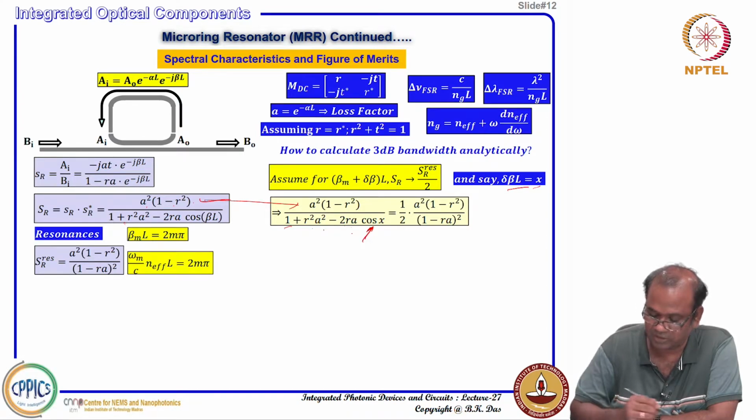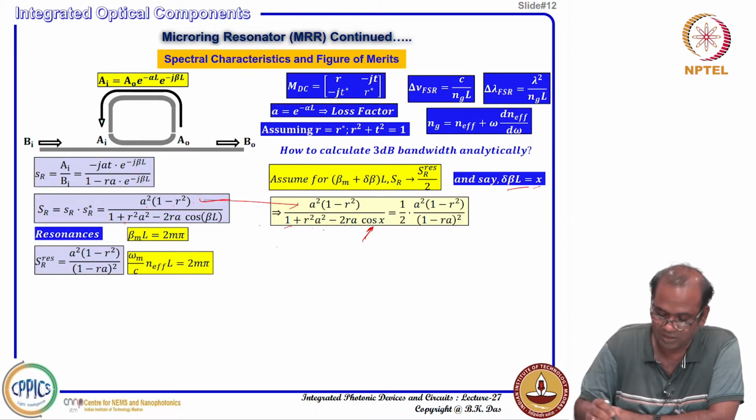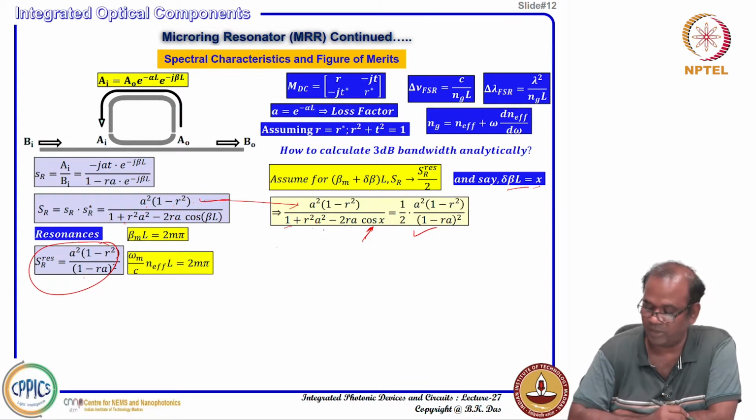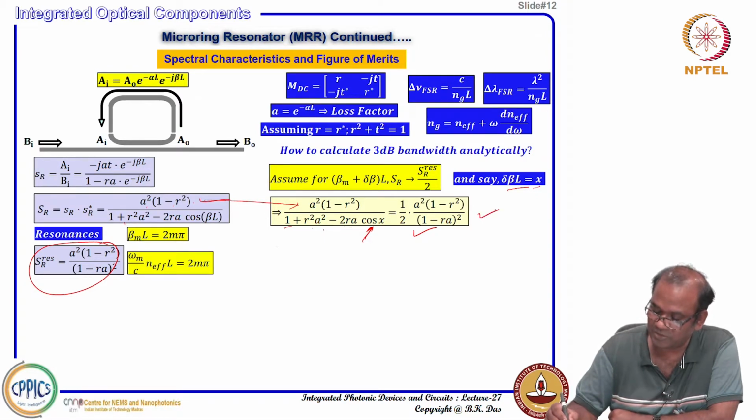I just put x here. It is detuned such that the maximum, the power inside the cavity, drops to exactly half. From this expression, our intention is to find x.